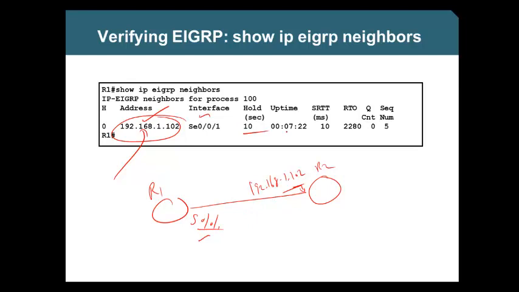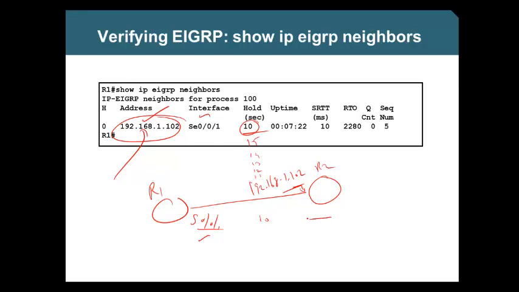The hold time. How often are hello packets sent? Can someone say? In EIGRP, how often are the hello packets sent? Exactly. Now, what is this 10 seconds? This is the hold time. Hold time is 15 seconds. So after 15, it will be going down 14, 13, 12, 11, 10.